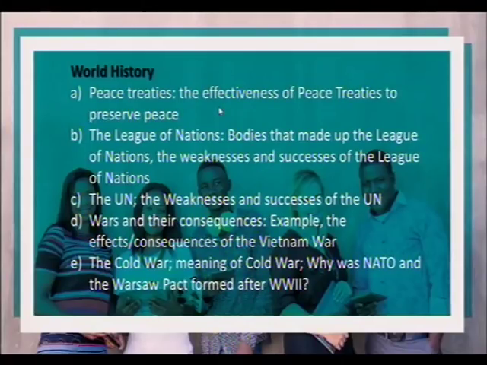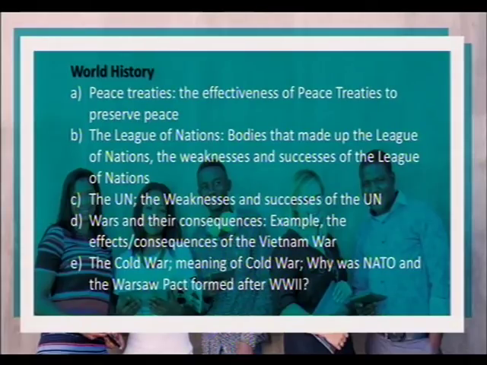We move to the next section under history, which is world history. World history refers to the different peace treaties and how effective these peace treaties were in preserving peace, especially after World War I and World War II.